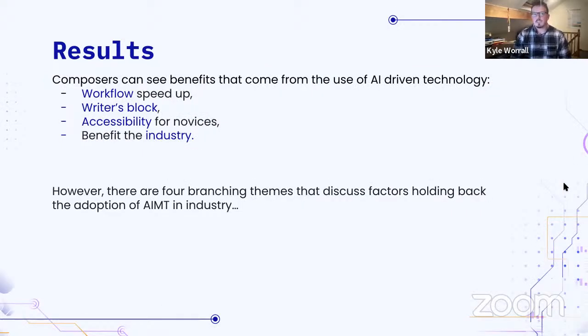So for the results, there was one overarching positive insight, which was composers can see the benefits. They did outline how they looked forward to AI's use to speed up their workflow and help them with their writer's block. And they could see some benefits for the games industry, not just for themselves.